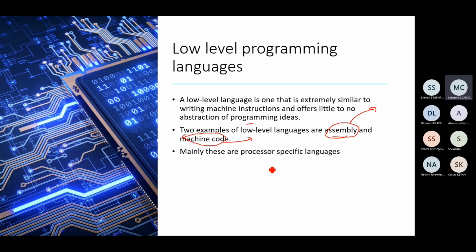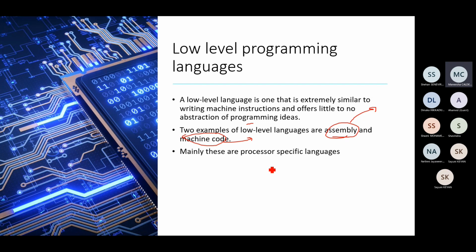Sometimes it might cause a bit of confusion, and that's why I always use this kind of wording. I can't give 100 out of 100 because there are some variations. So you need to understand that assembly languages are like these kinds of things.